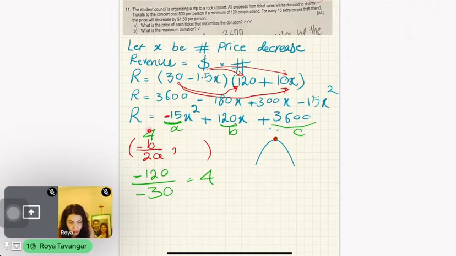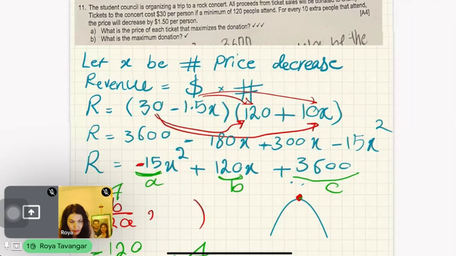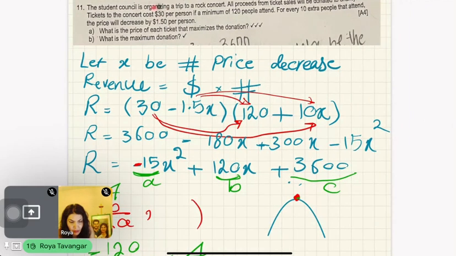So 4 that we calculated is x, and x is the number of price decreases.